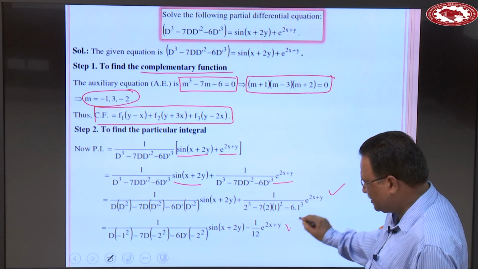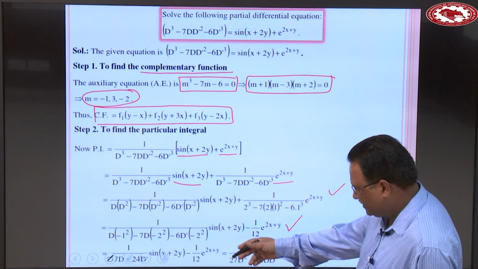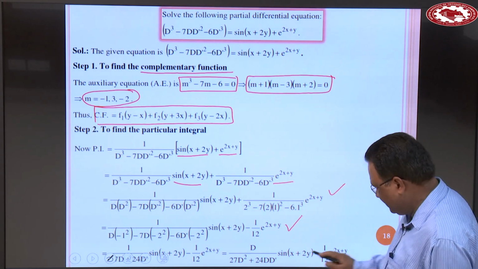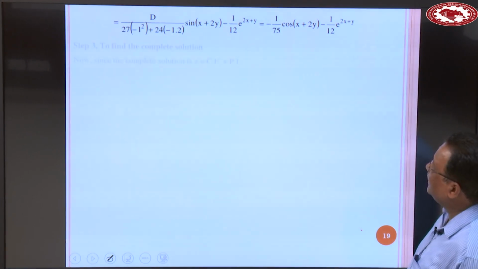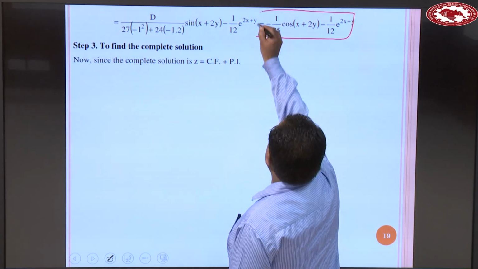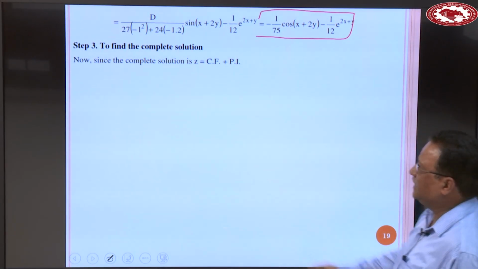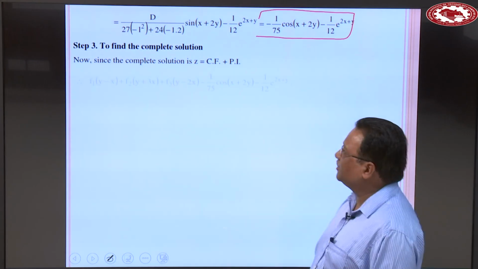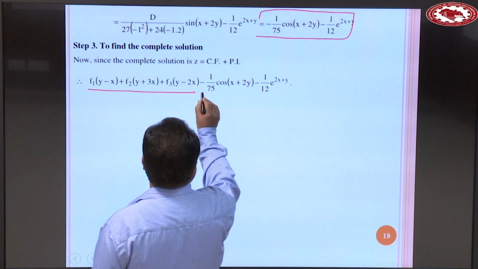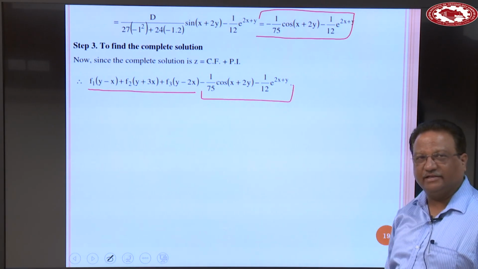After more simplification, you will get this result, and ultimately we obtain this. Okay. Then what is the complete solution? Complete solution is z is equal to complementary function plus particular integral. This means complementary function is this and particular integral is this. So that one is the complete solution of this type of problem.